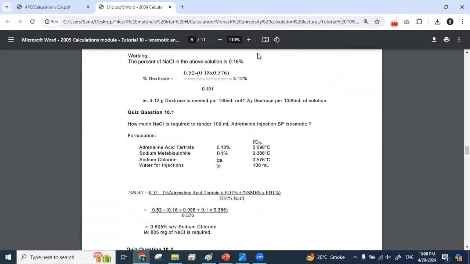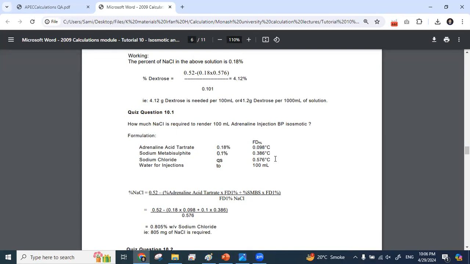For example, here they have given us this freezing point depression for the whole formula. So this way the values are going to be there. No need to memorize the values, and the values are different for all the elements. For example, this epinephrine acid tartrate has a freezing point depression value of this. Sodium chloride has a freezing point depression value of this.